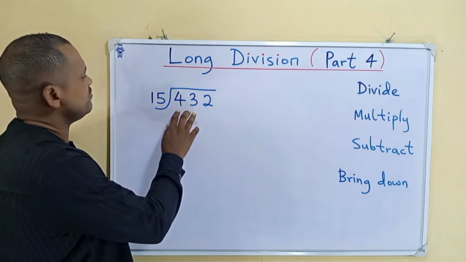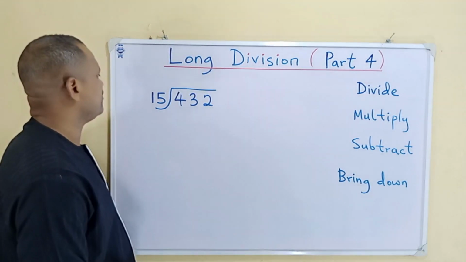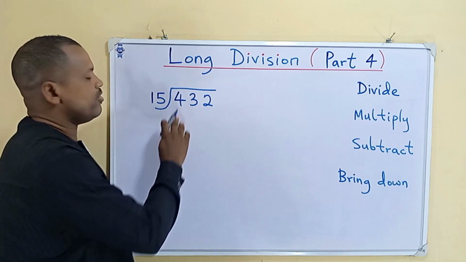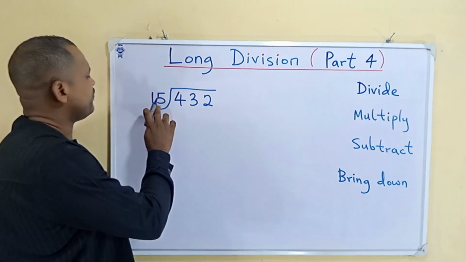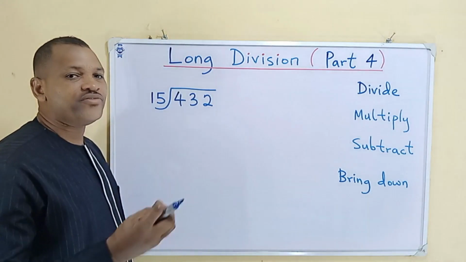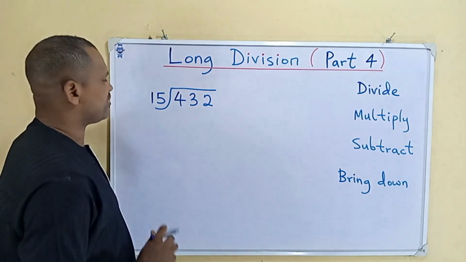So here we have this number to be divided by 15. 15 into 4, of course it cannot. 15 into 43, how many times? How many 15s can you pull out of 43?